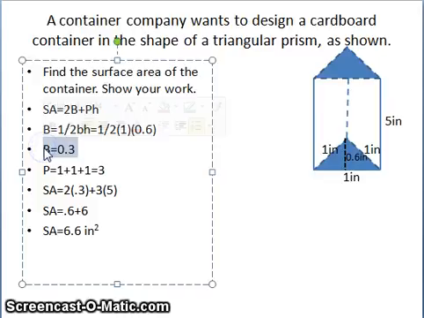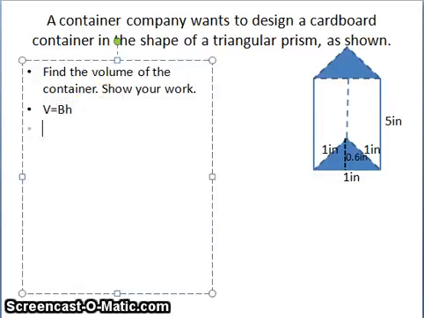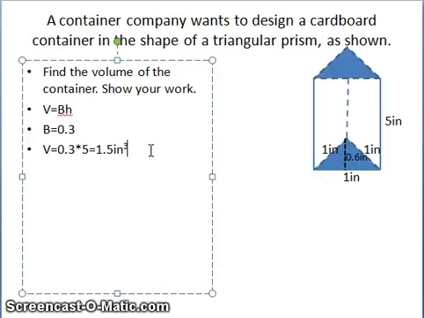I can just pull it right from here and say, okay, the base is 0.3, so the volume is 0.3 times the height, which was 5. So the volume is 1.5 inches, and because it's volume, it would be cubed. The volume is always the easiest one to do.